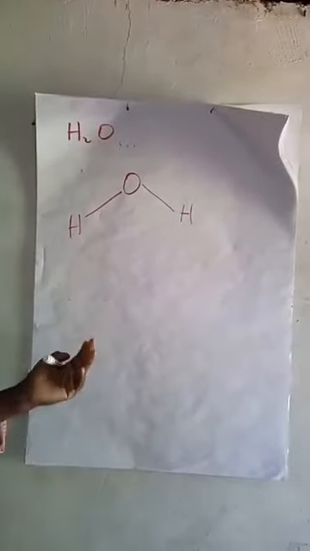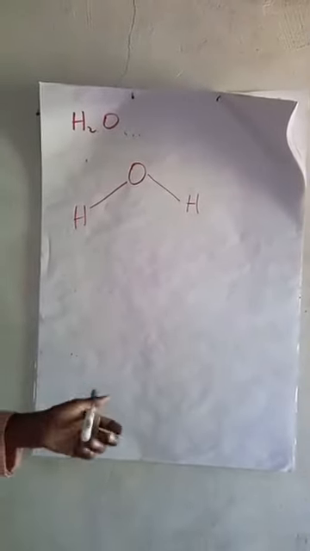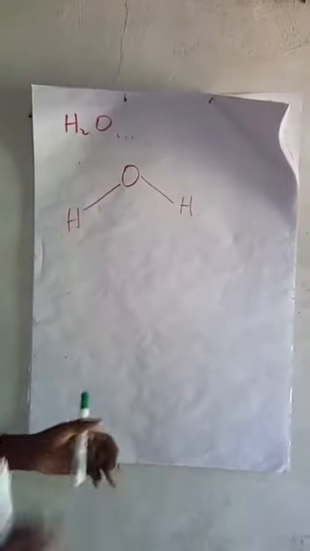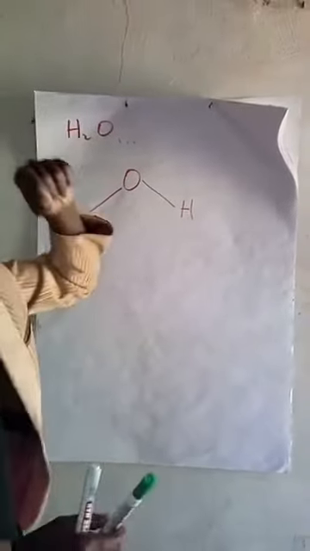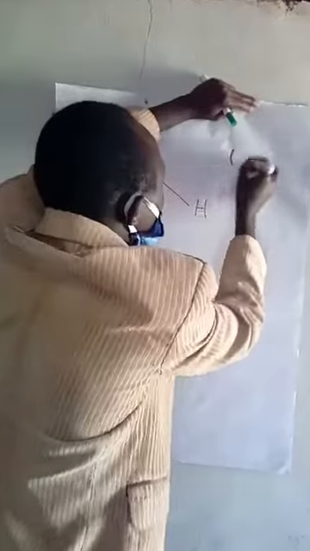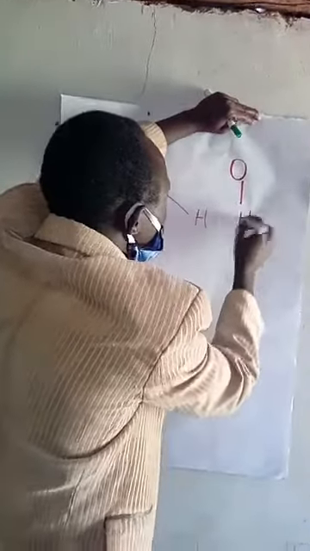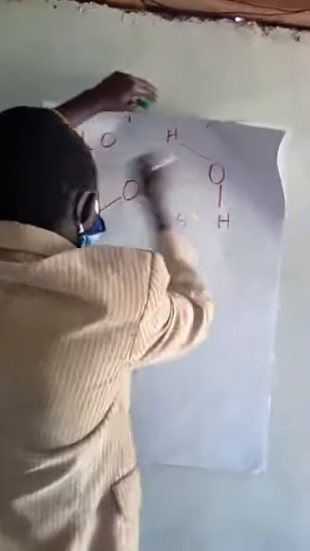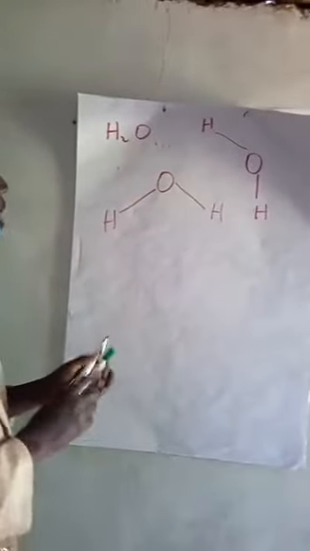A drop of water contains very many molecules. This is just one molecule, so let's say we have another molecule here, and another one, there are so many of them. Let me use these two.